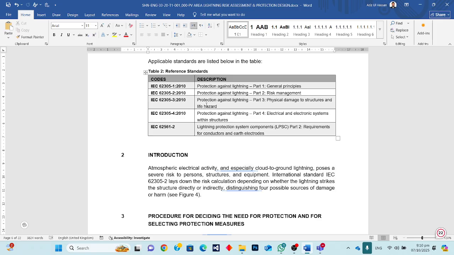Then we have to do different calculations on what type of lightning protection system we have to give to our systems.